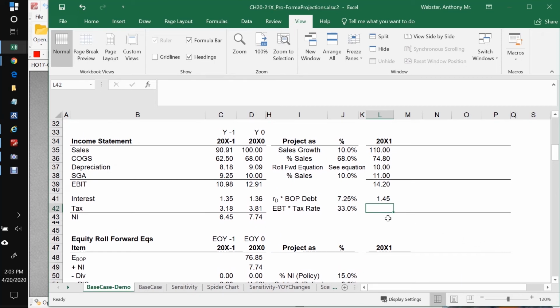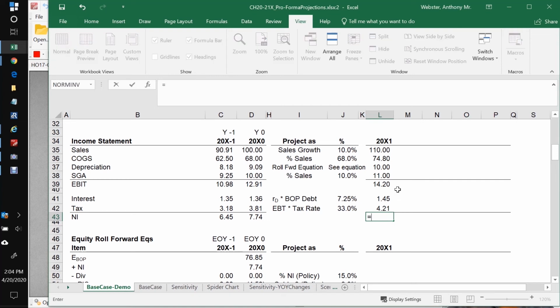Okay, and now my tax is 33% of earnings before tax. So that's going to be my 33% times my EBIT minus my interest, which is L41 here. And that gives me 4.21, and now I'm good to go with my net income here.